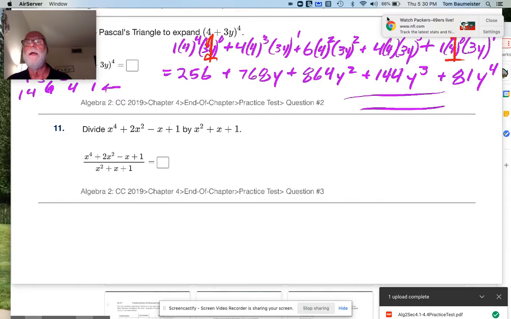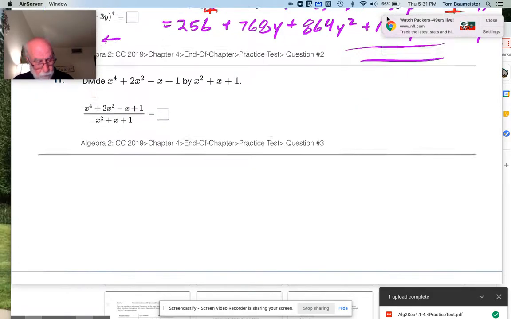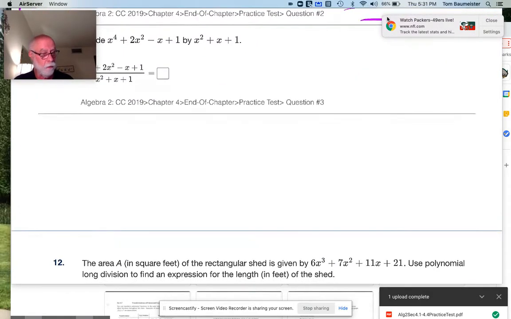Okay? On number 11, this is probably going to be one of the hardest problems for most of you. All right? So if we look at this one here, it says divide x to the 4th plus 2x squared minus x plus 1 by x squared plus x plus 1. So luckily I have a little room here. So remember, if I look at the exponents, if one is missing, I have to put a 0 there. So if we look at that one right there, I have x to the 4th.